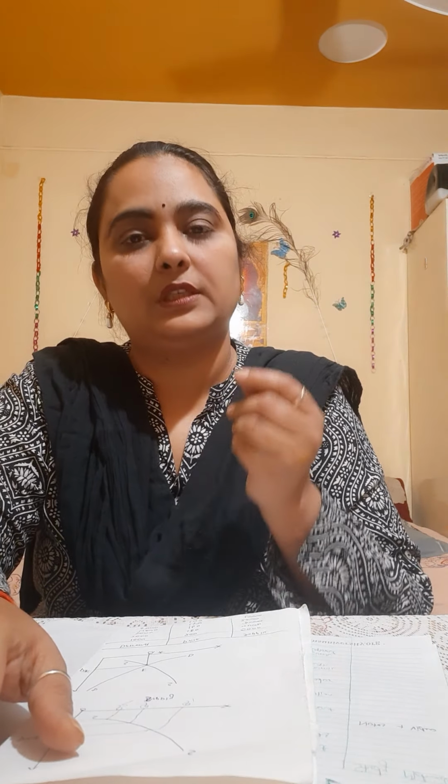In the same way, if we want to determine the price of a commodity, it should be both parts, that is demand and supply both. With the help of one part, whether it is demand or supply, we cannot determine the price of any commodity.